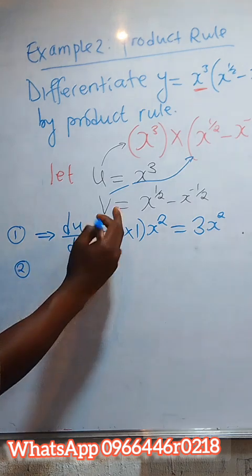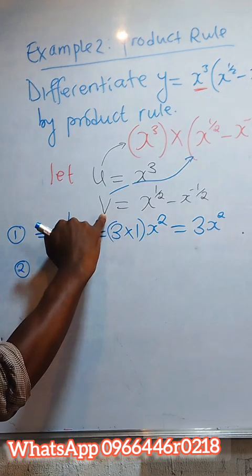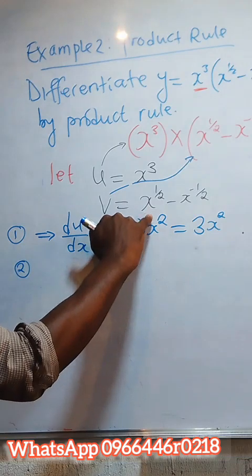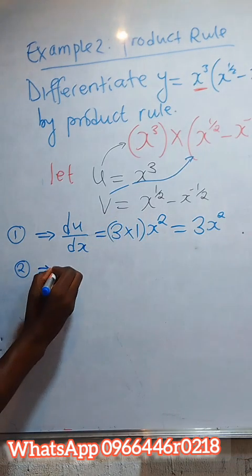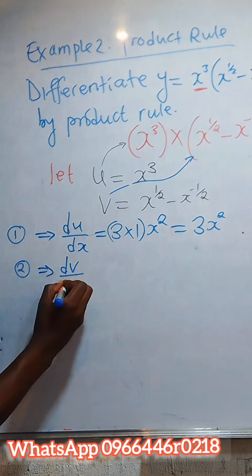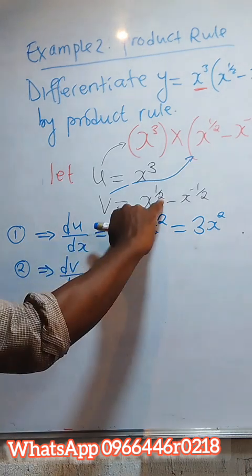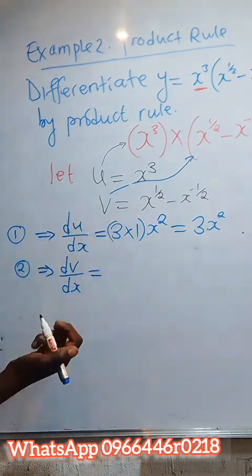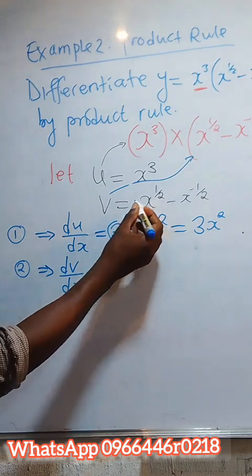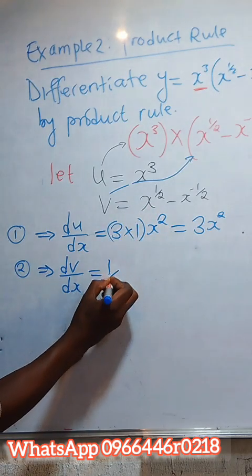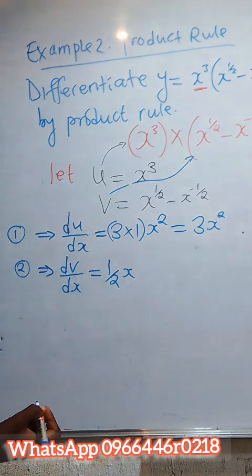And then for this one also, I'm going to differentiate v with respect to x. This is going to be dv over dx is equal to this. So half multiplied by 1 is going to have half x, okay.